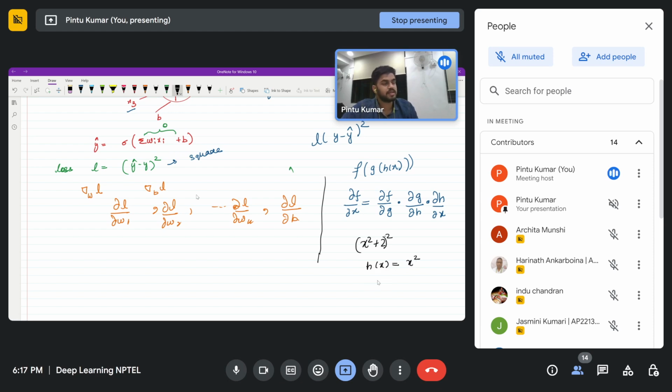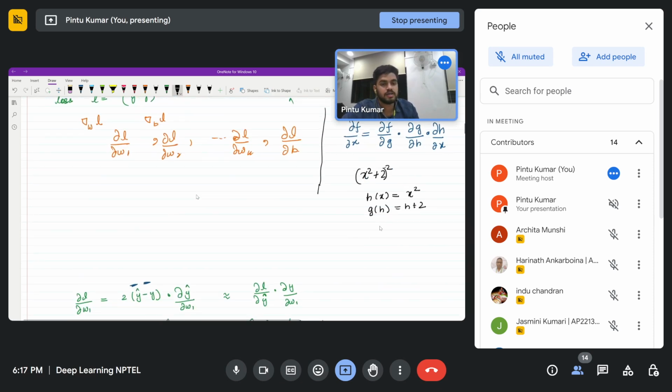This is not a very great example, but we can still see g of h is h plus 2, and again f of g is g squared. If you compose all of this together, you will get x squared plus 2 whole squared.